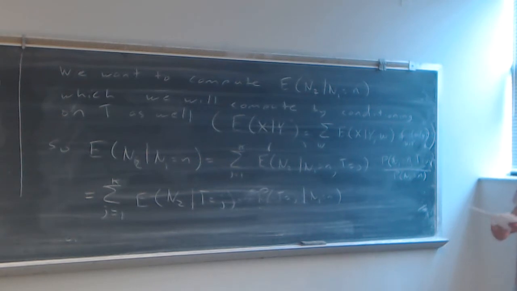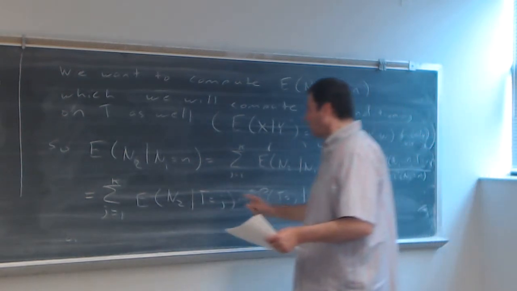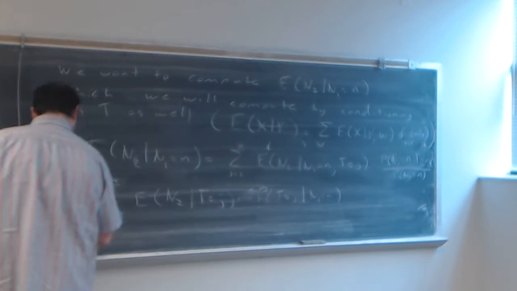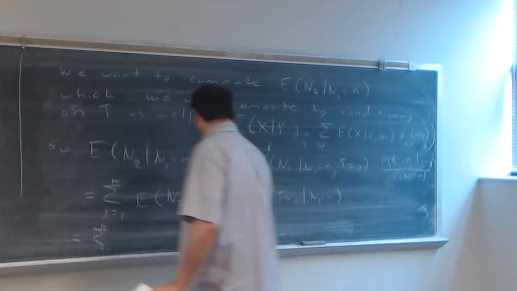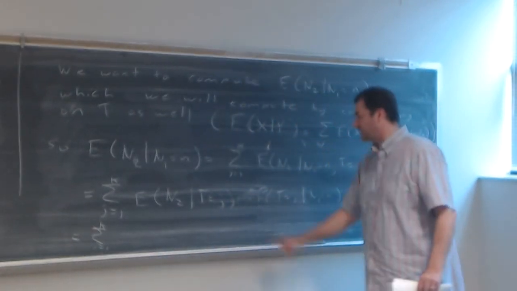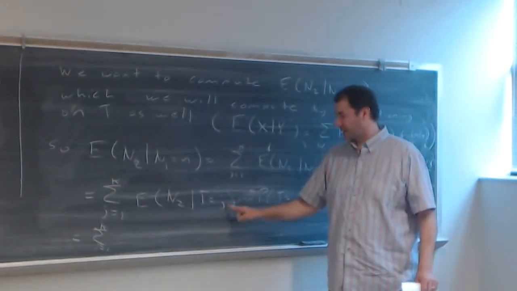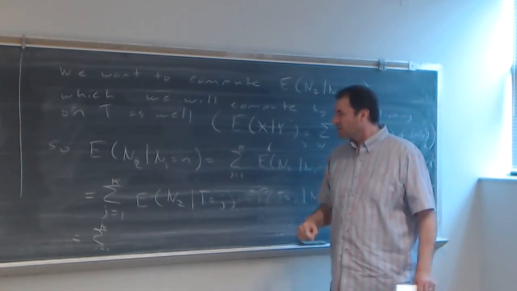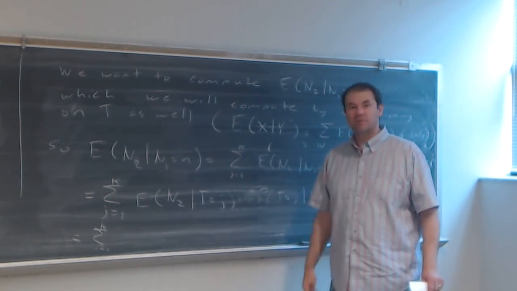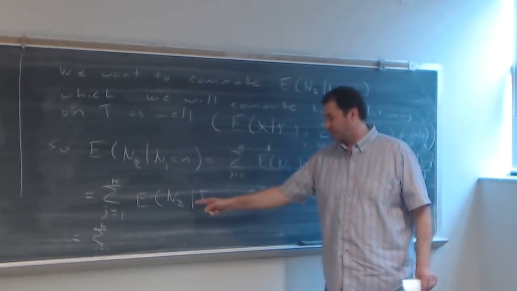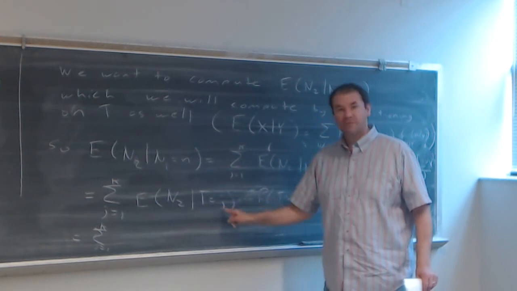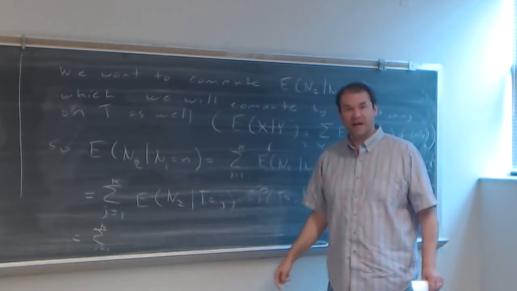So here, this expected value, because of the fact that we know T equals j, so we know that they're type j. The expected value of N sub 2, that is a Poisson random variable with mean, that's what we're talking about here. So I put myself in the position that I know T is equal to j, she's type j.